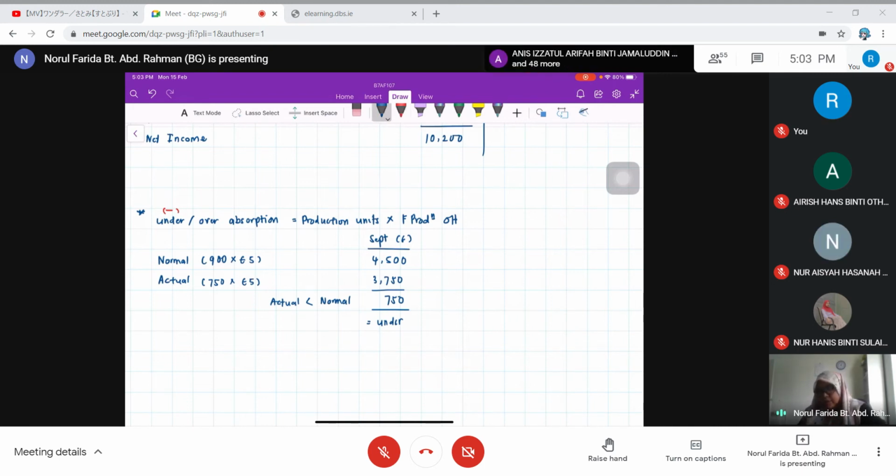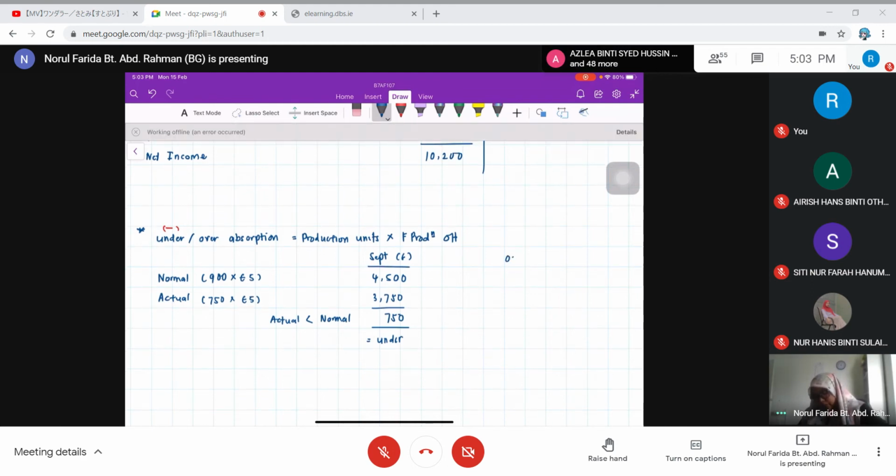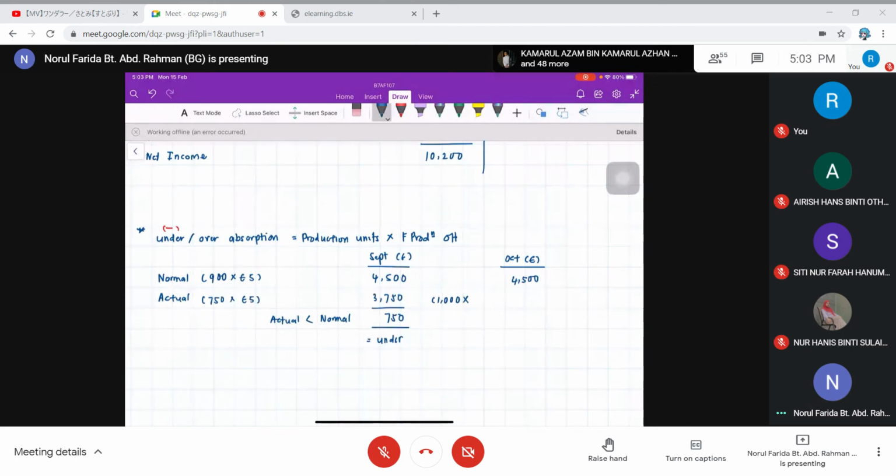Let's look at October. We do it once because when preparing the statement it's just once. For October, your normal capacity is the same, 900 times 5, so 4,500. Actual production for October is 1,000 units. Production for October is 1,000 units times 5, you will get 5,000.